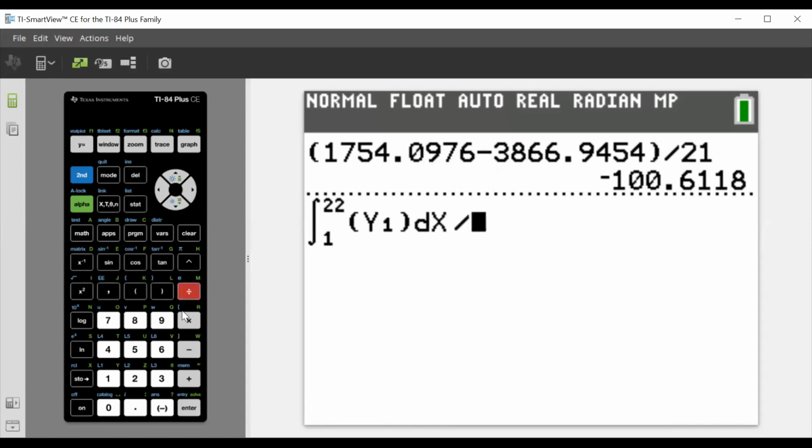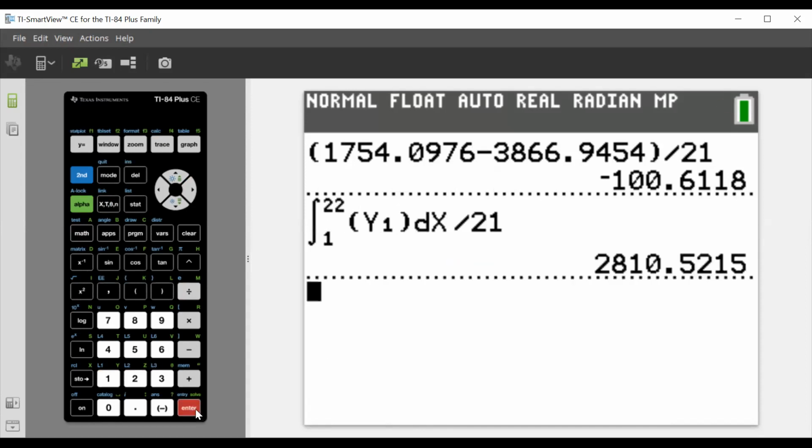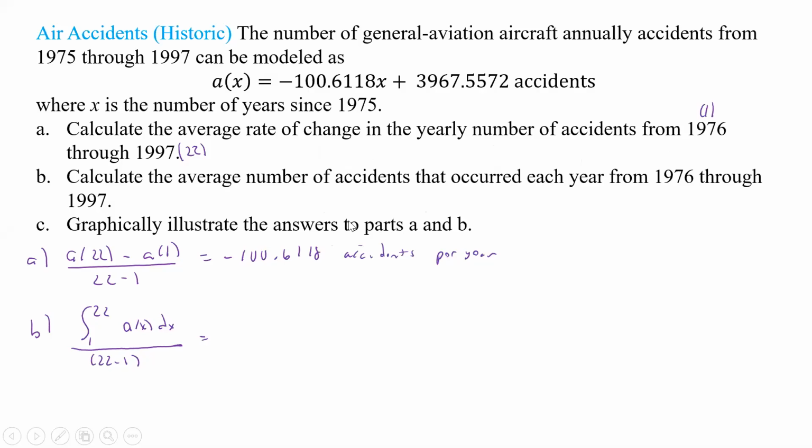And then that's divided by 22 minus 1, which is 21. And we get a value of 2810.5215. And this is just plain old accidents.